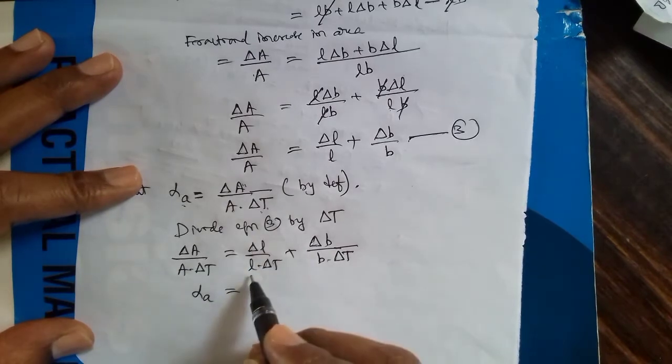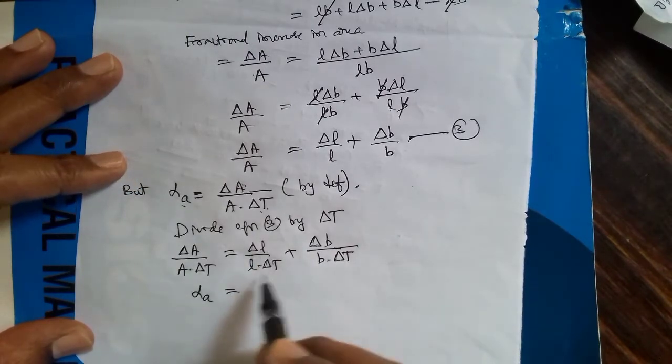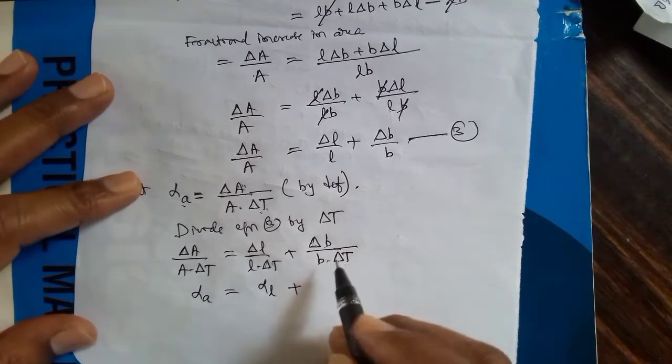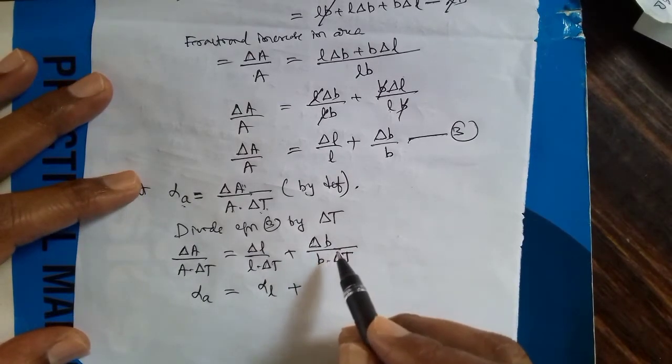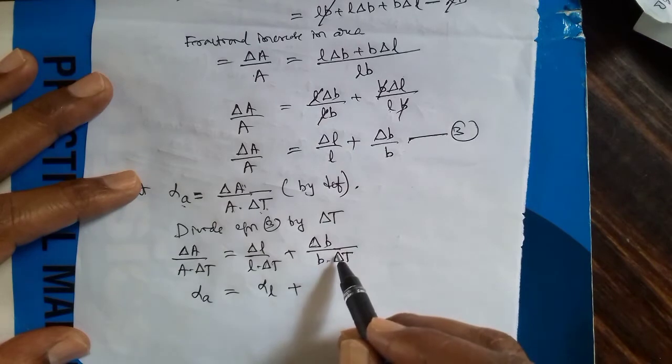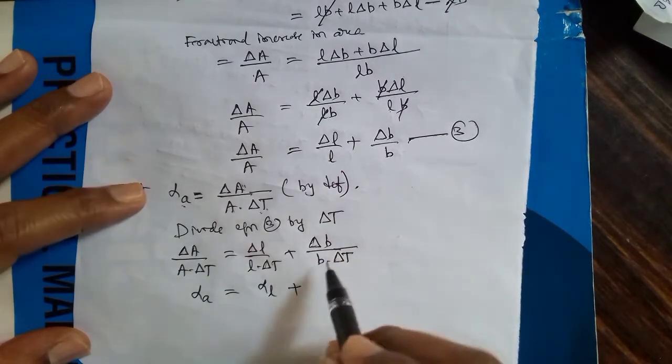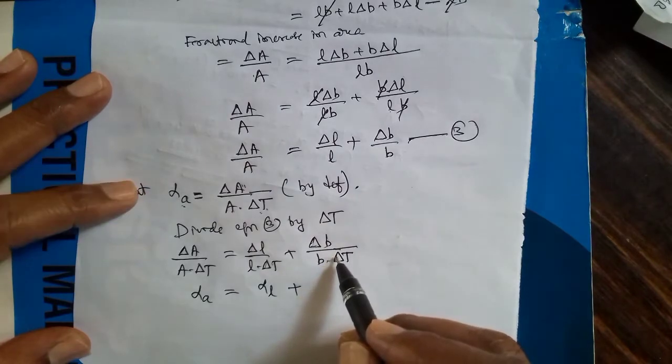Now delta L by L into delta T, by definition, represents alpha L. And this represents coefficient of linear expansion of breadth.